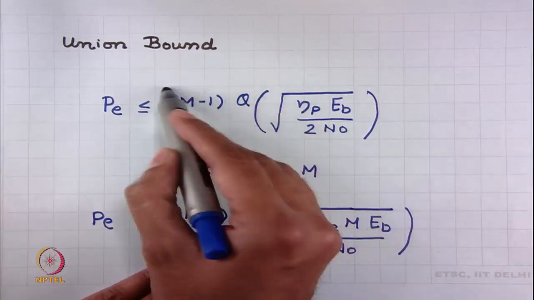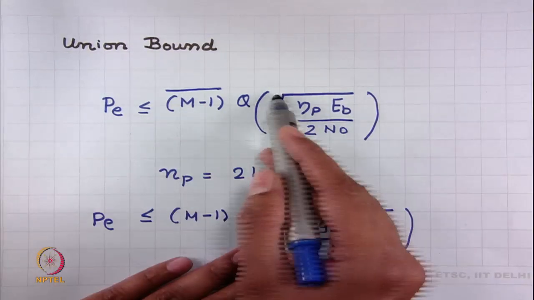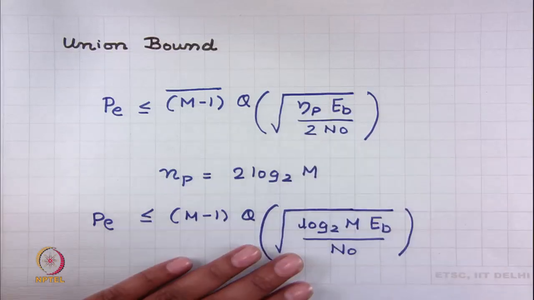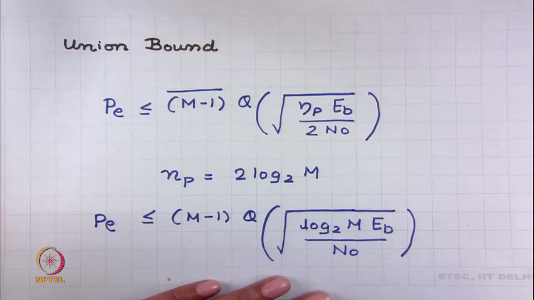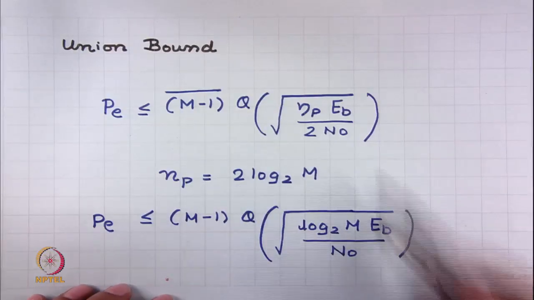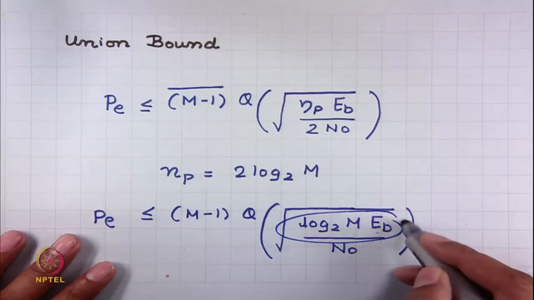Thus, the number of nearest neighbors is M minus 1, times Q of square root of eta_p Eb/N0 by 2, where eta_p we know is 2 log2 M. All right. So, you can substitute this eta_p, 2 log2 M, in this, and you can write this as this, and this is also Es, is it not.